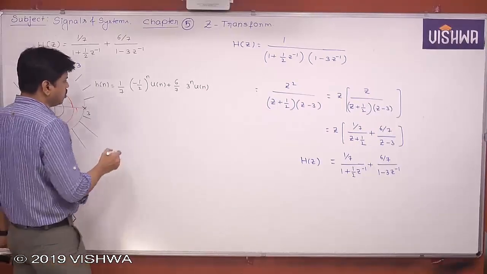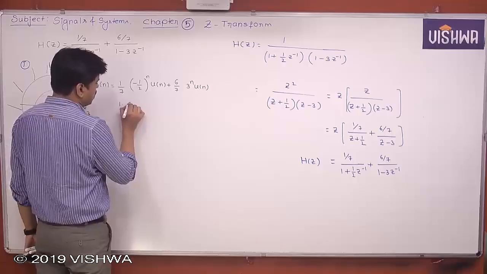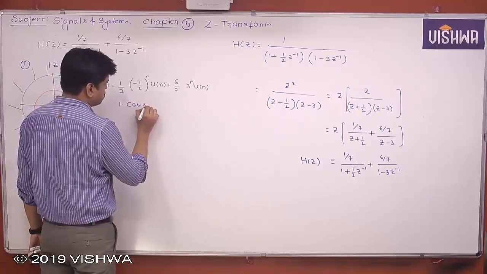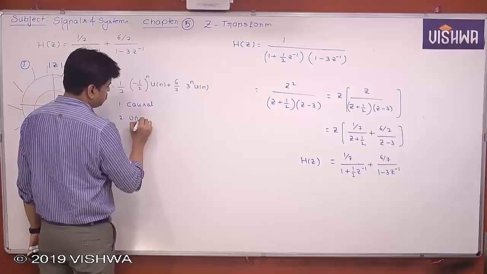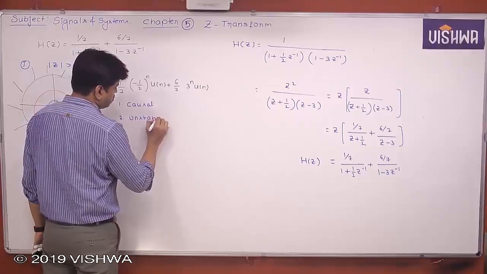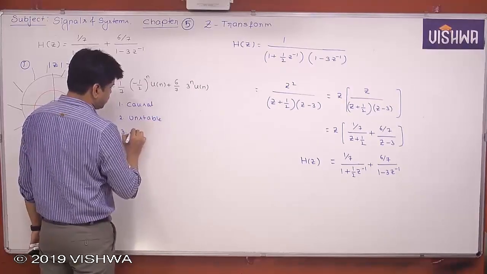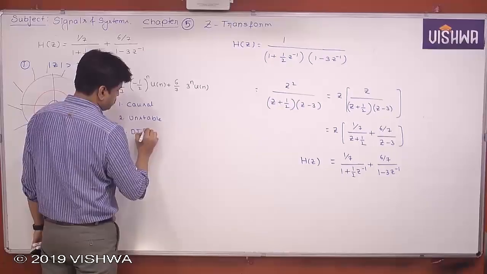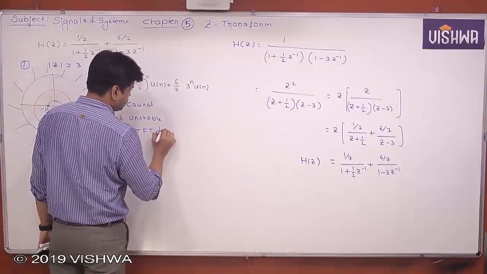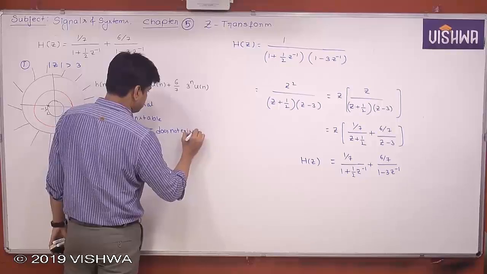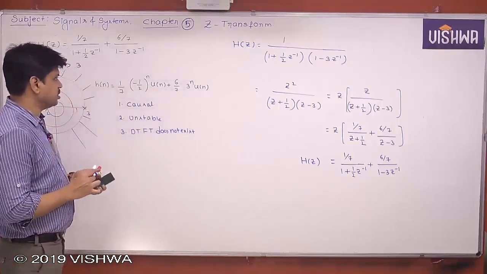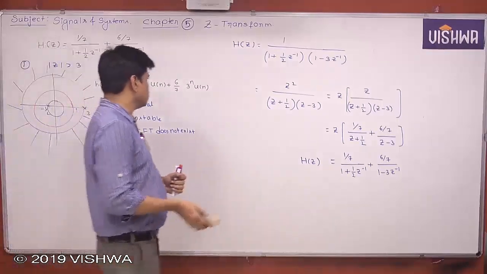So we can conclude: causal, unstable, DTFT does not exist. These are the conclusions we have made. Next.